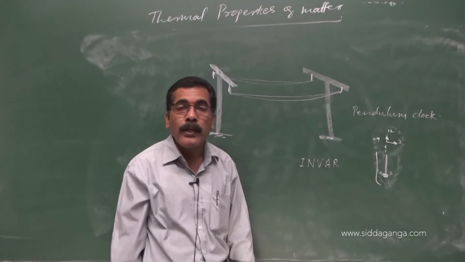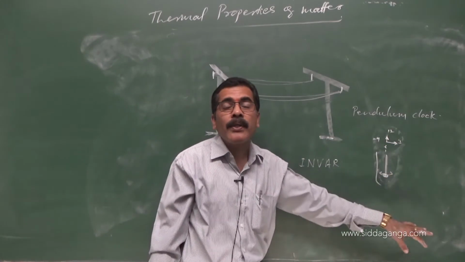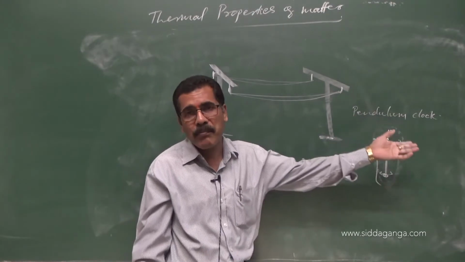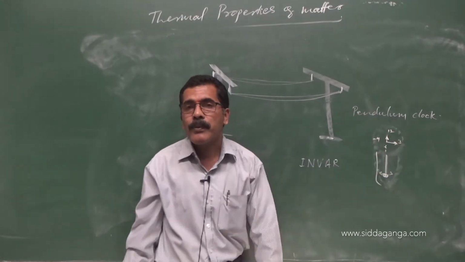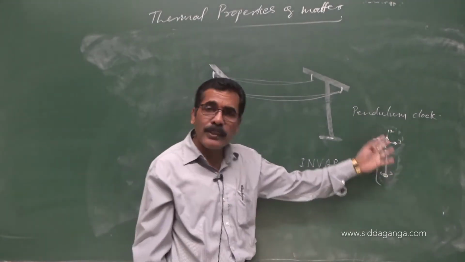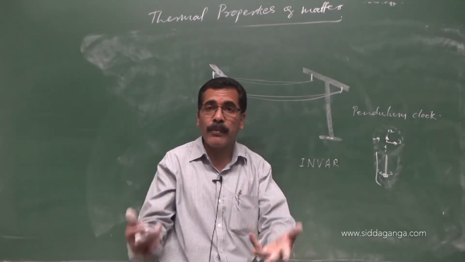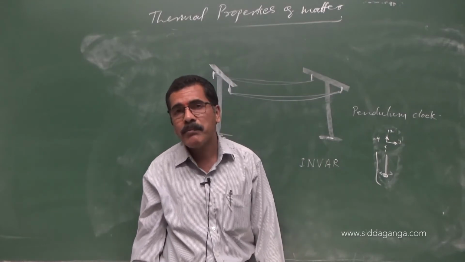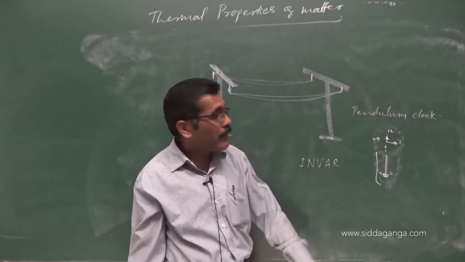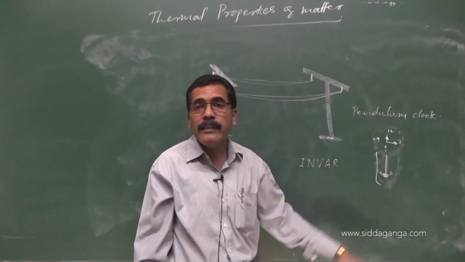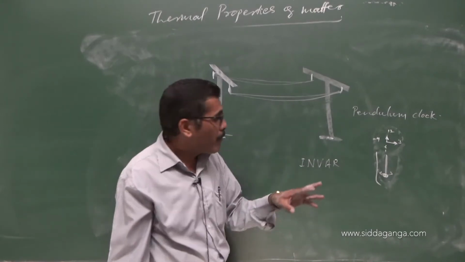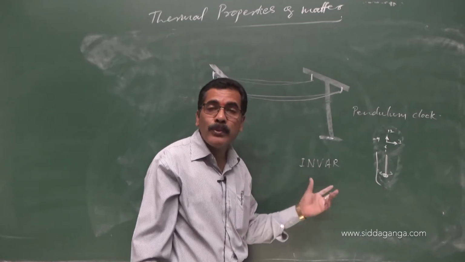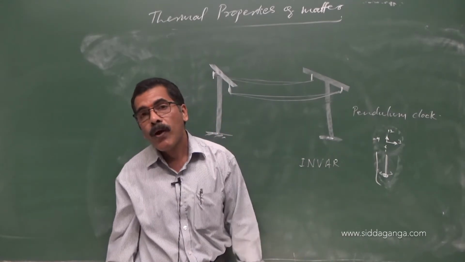Therefore, during summer or winter, there won't be any appreciable change in the time. But nowadays, we are not making use of the pendulum clock. We have electronic clocks, we have more sophisticated timers. But in olden days, that was the problem, and scientists made a correction to it by making use of bar pendulums, which are made of Invar.